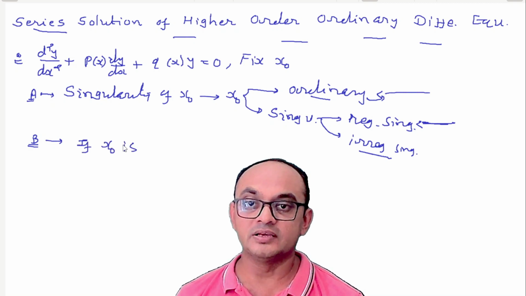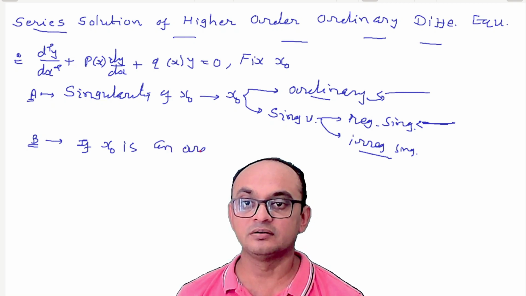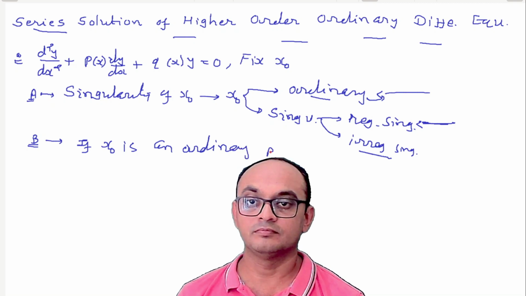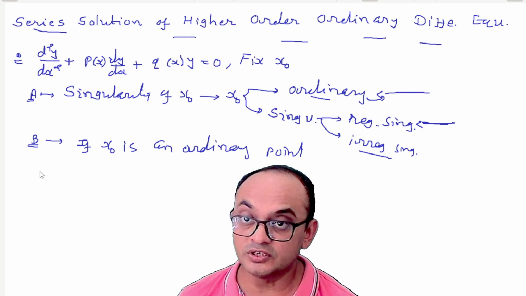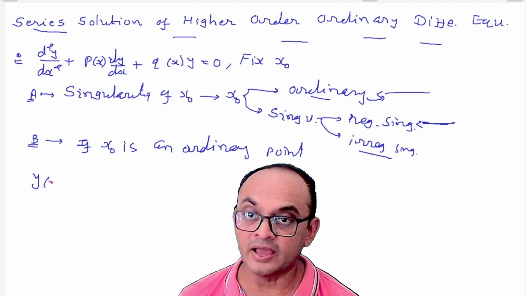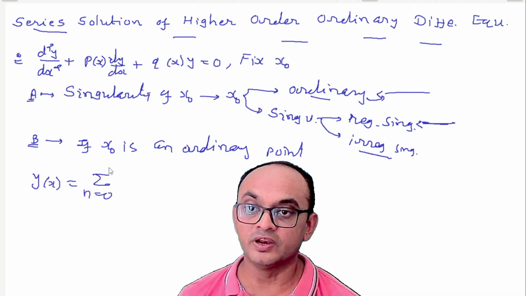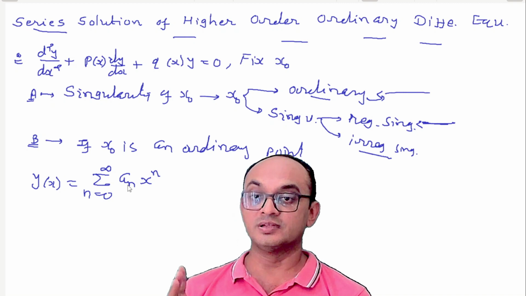if x0 is an ordinary point, then what is the solution? The solution y(x) is equal to summation n equal to 0 to infinity a_n into x raised to n. This is the solution.